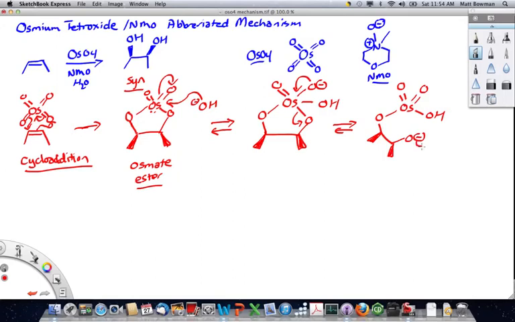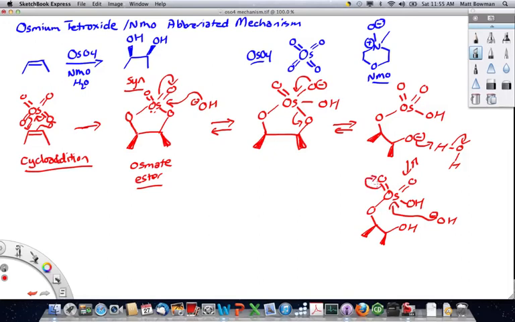The resulting O- can deprotonate water, like so. And this generates another OH-, which can then add to the osmium.